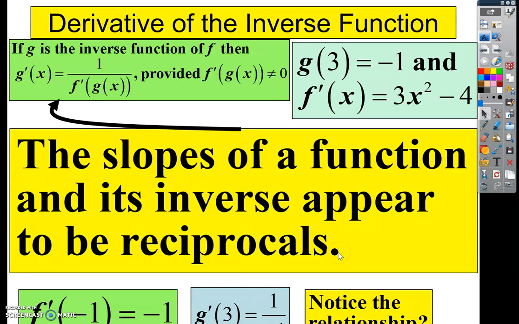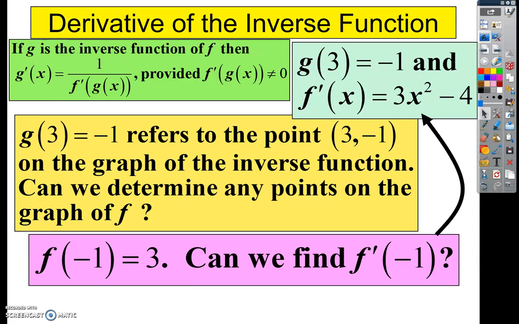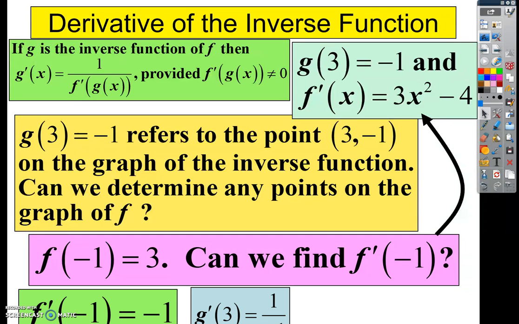The slope of a function and its inverse are reciprocals. And let's just go back. Let me do that one more time. So there's our point, and we know that we ended up with the reciprocal here. And you can't actually see that because it's not on the screen.